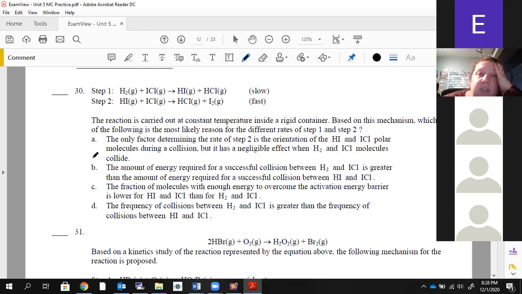We need enough energy to exceed our activation energy, or we need more particles to be able to make there be enough collisions. Something about step 1 is making those collisions harder to happen. And so the only choice of these options that really talks about that would be B. Thank you.